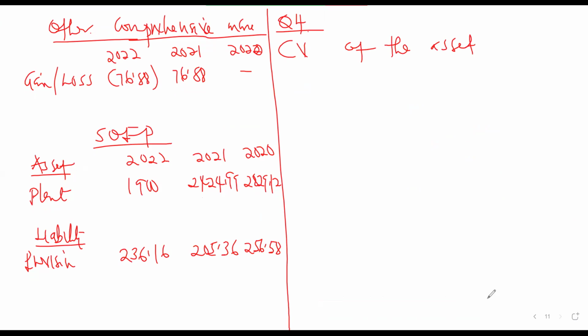The question is, how much can we recover from the assets? If we want to sell the asset today, what is the net amount that we are going to be getting from selling it? Or if you want to continue using the asset, what is the present value of the benefit that we are going to be getting? That will be the value in use. So the higher of the two is what we call the recoverable amount.